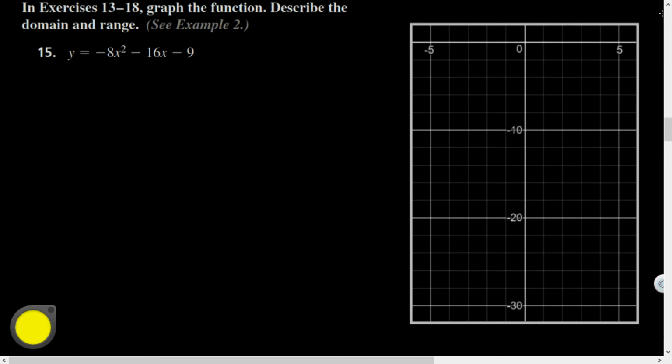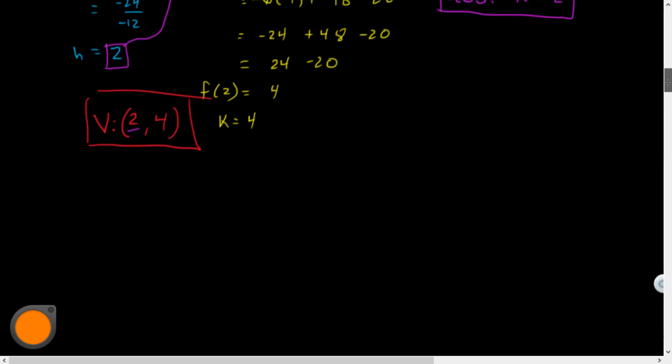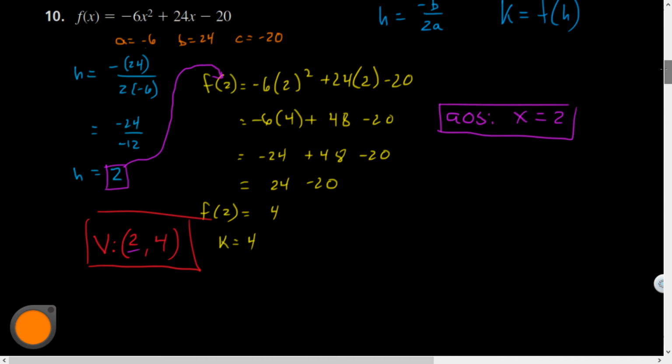All right. So, let's see. Tyler, could you tell me what do you think A is equal to for this one? What are your thoughts here? How do we find it up here?